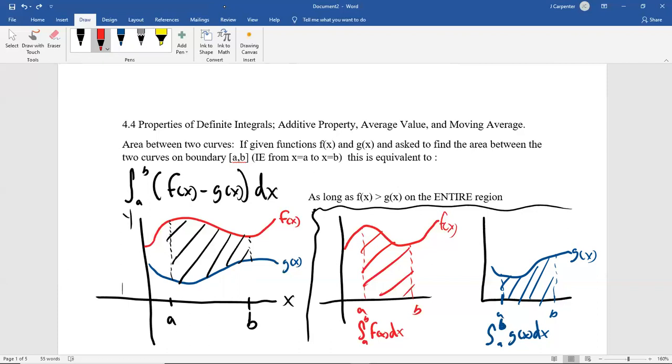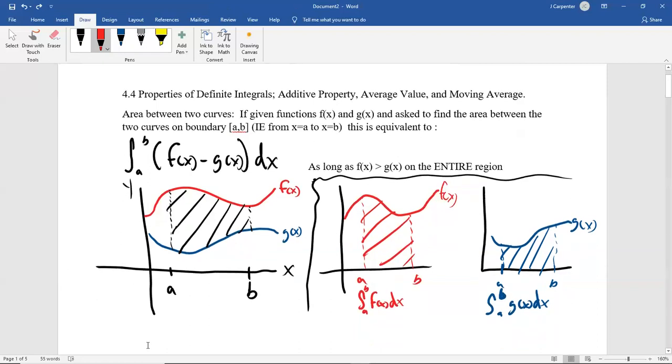Now, again, if these crisscross anywhere, you'll have to break it up into multiple intervals. So I want to write that down. And I've said it several times, but let's write it down.